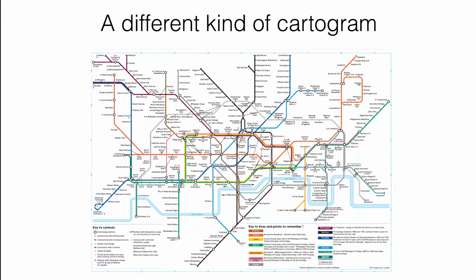It just shows you how to get from A to B. It doesn't accurately represent the distance in between A and B. In fact, rather notoriously, there are stations on the London Tube map which look like they're quite far apart, and you have to make a couple of changes to get between this station and another station, and maybe it takes you 12, 15 minutes to do it. But you could have walked it in 3 minutes. Okay? So this kind of a cartogram just is concerned with how to navigate the topological network of the tube.